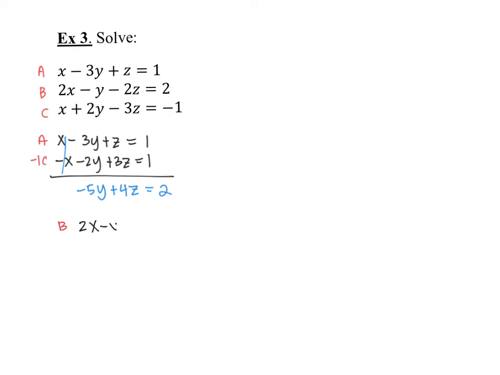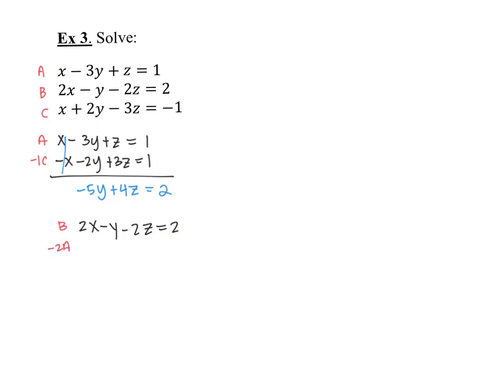2x. Which equation? I'm going to use equation A, I think. If I want to cancel the x's out, then I'm going to multiply equation A by -2.